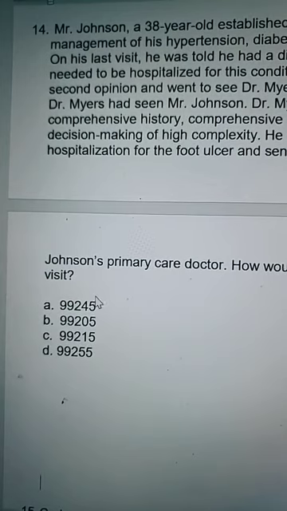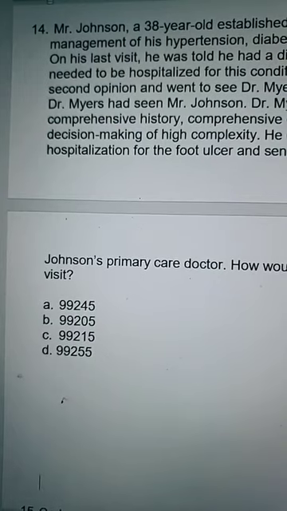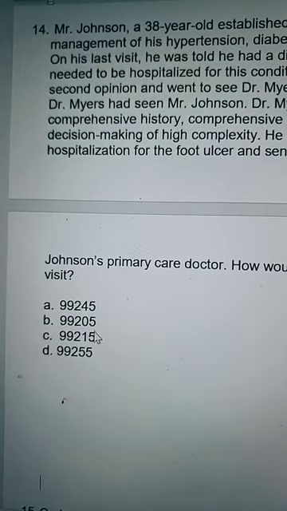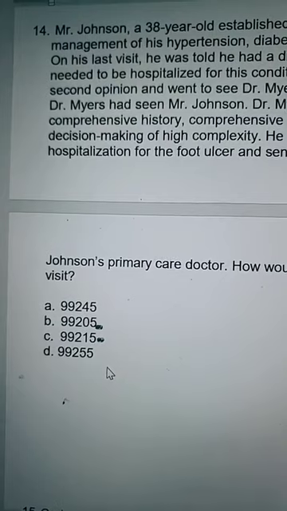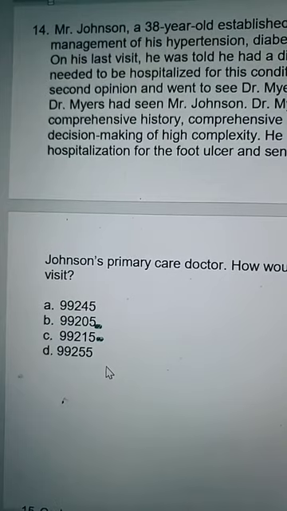Since they're super close, we'll just go take a gander at those. We know this one's going to be a new patient, right? Kind of have to, and this one's going to be the established, and then what's the 45 and 55? So, 99245.